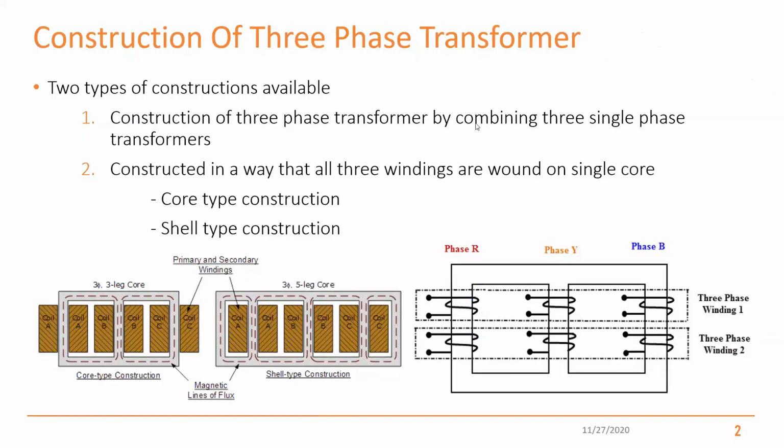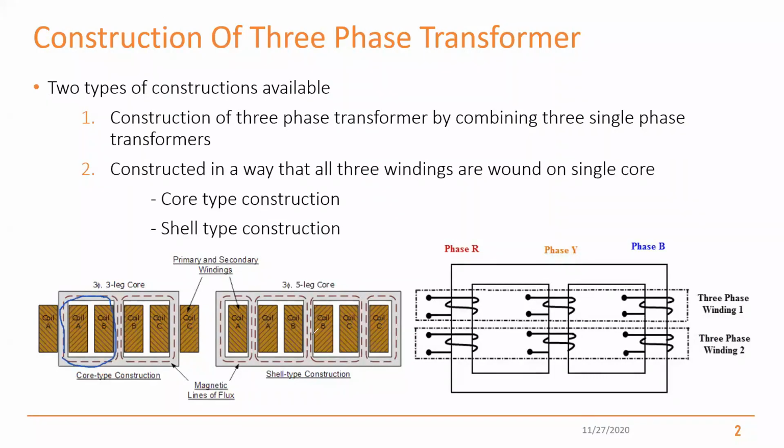But when you are asked, you should be able to repeat whatever you know about shell type and core type construction. The main things remain the same. Here also you can understand that for core type, when you consider a single coil, you have only a single magnetic path like this.